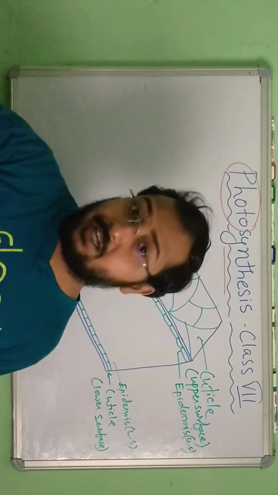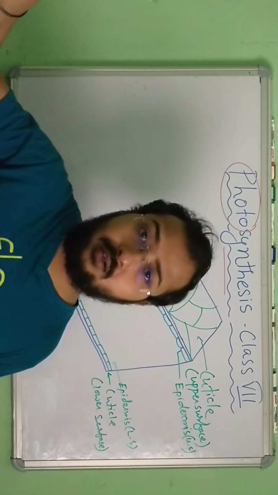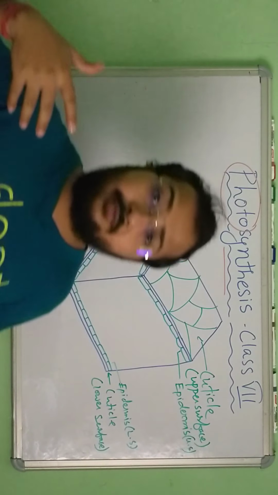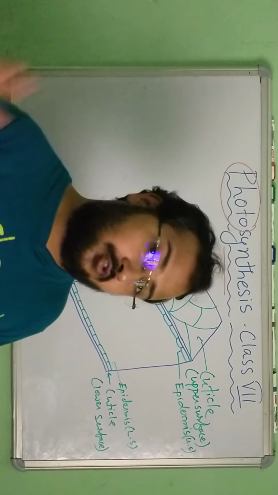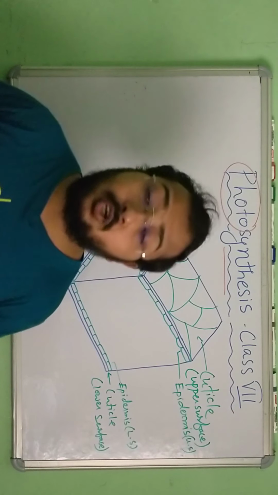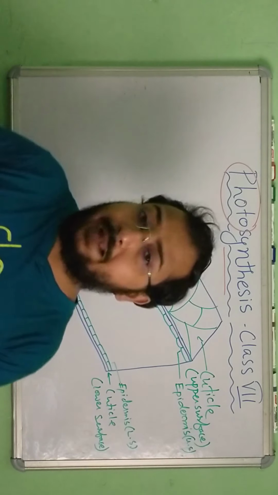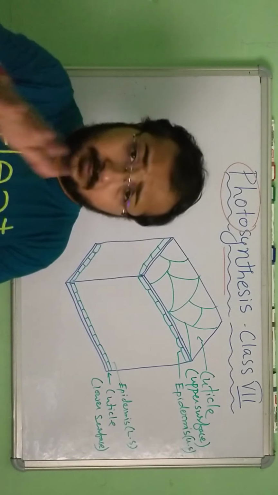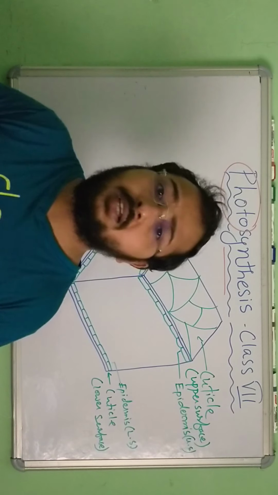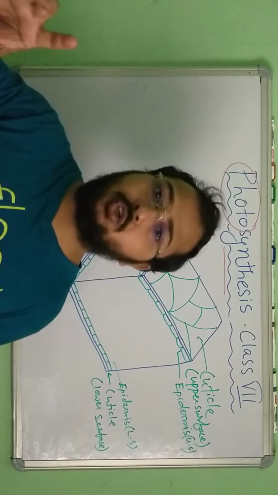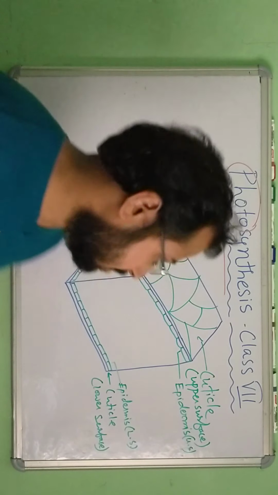Desert is a hot area, so there is a tendency for more transpiration. If the cuticular layer becomes thick, transpiration will be reduced. There will be no loss of water, because in plants in desert areas, storing of water inside the plant cell is very important. That's why the thick cuticular layer present there prevents more transpiration.